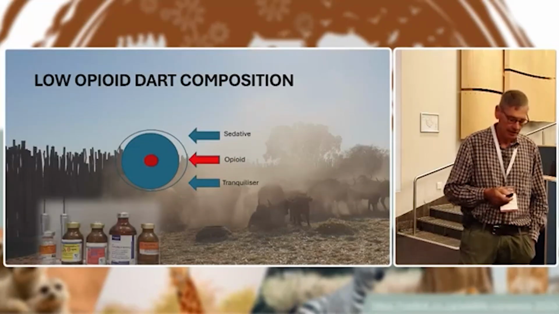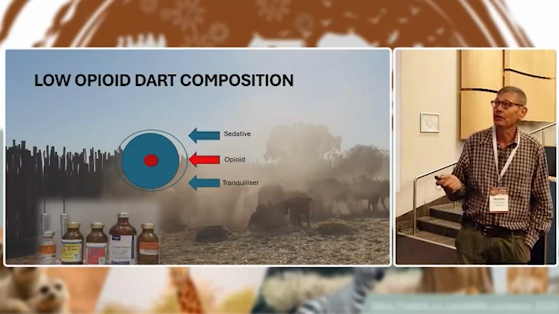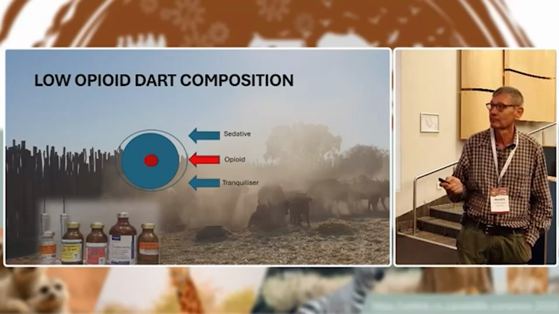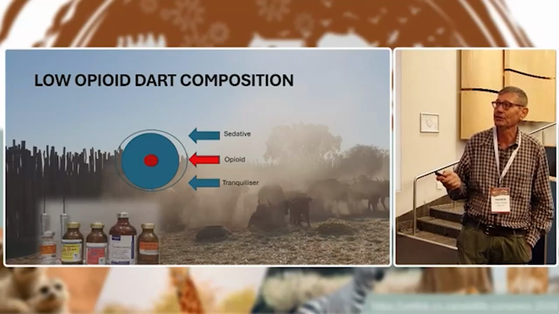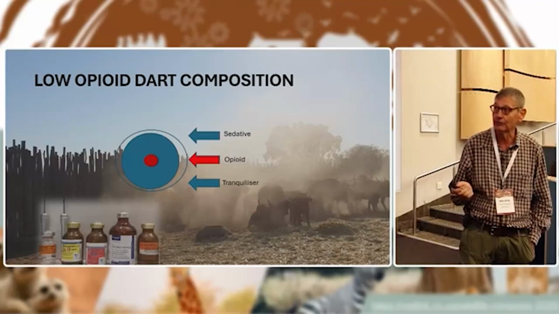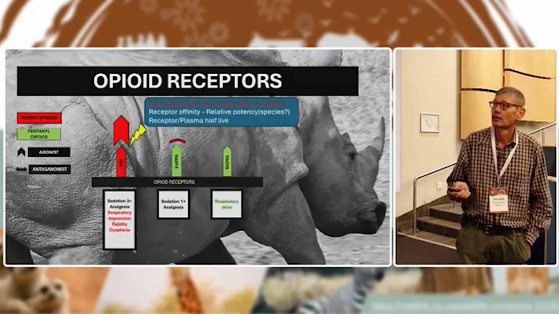To me, my personal preference would be to use it in a low opioid combination where your opioid section is a lot smaller and you've got your alpha-2 sedative, and I will change that opioid from a more potent opioid to fentanyl.